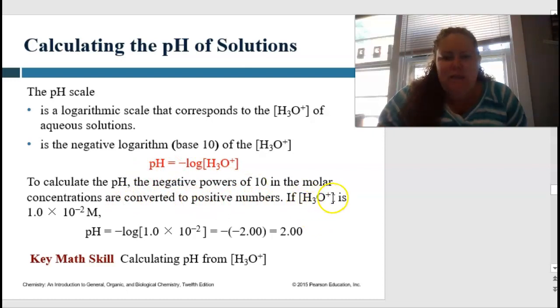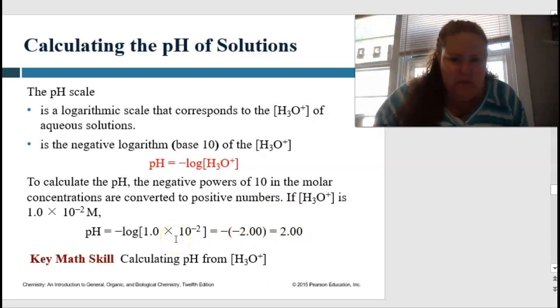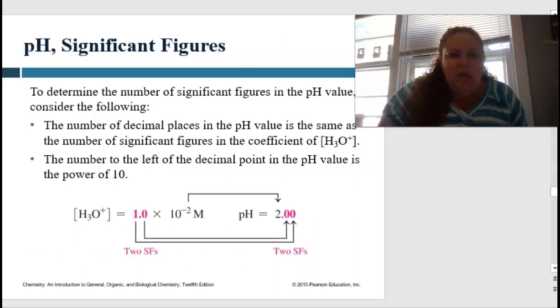If the H3O+ is 1 times 10 to the minus 2 M, then the pH would be the negative log of 1 times 10 to the minus 2, which equals negative negative 2.0, and so that would be 2. So we're going to practice this to calculate the pH from the H3O+.